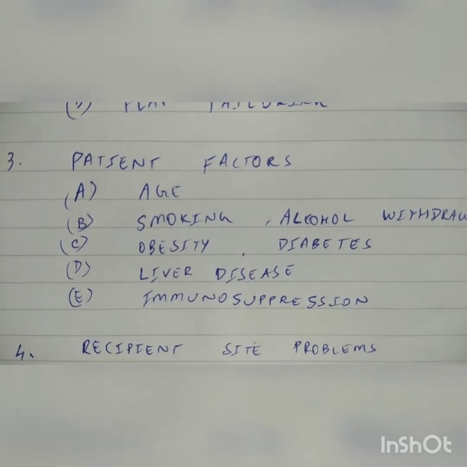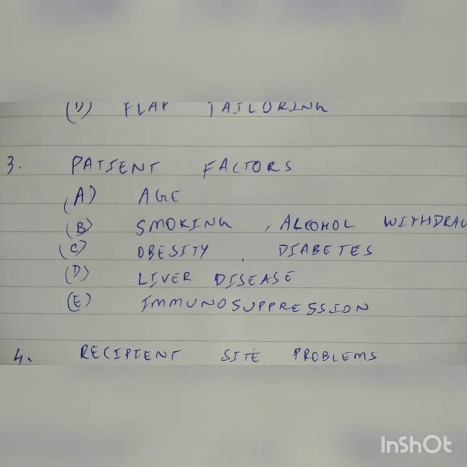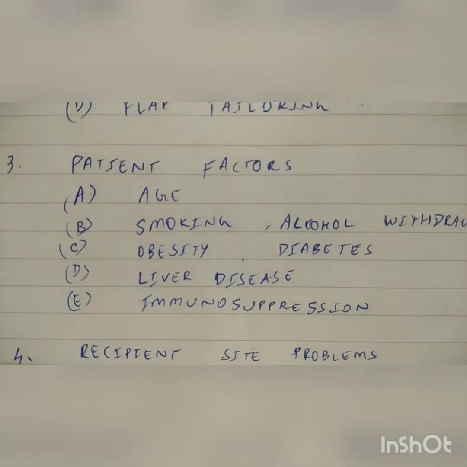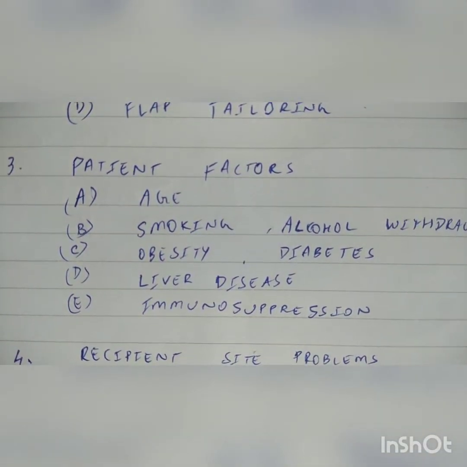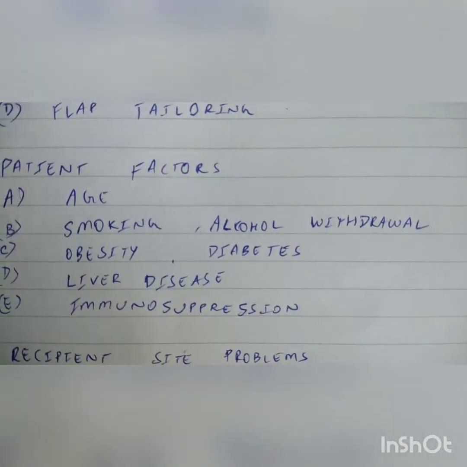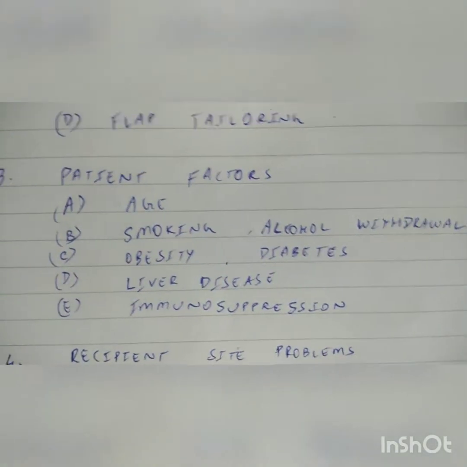But smoking does not affect the anastomosis. Instead, smoking rather affects wound healing, particularly in the donor site or even at the flap and bed interface. Another problem is alcohol withdrawal. They are known to have flap complications and even medical complications.